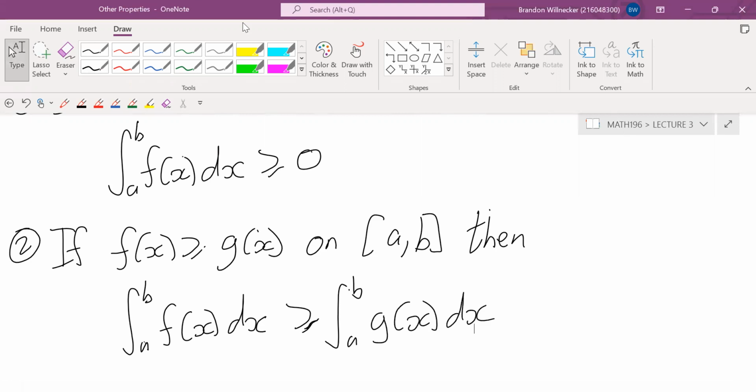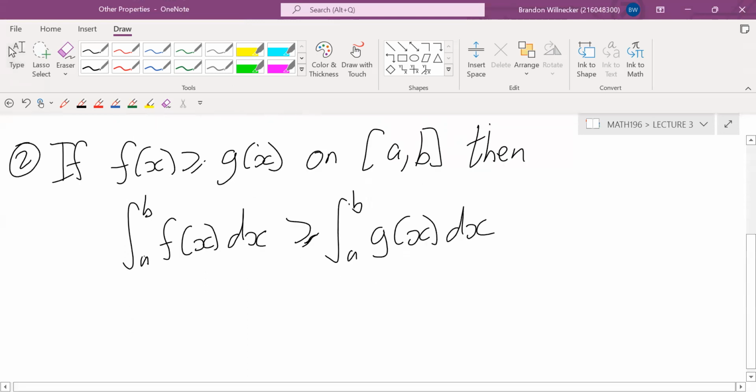Now this makes some sense, because if one of the functions is always bigger than the other function, well, then you expect that the area under the first function will then be bigger than the area under the second function. Okay, provided the intervals are the same, because the heights of the rectangles for the first function are going to be bigger than the heights of the rectangles for the second function.